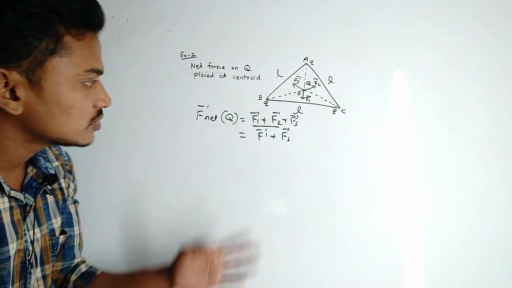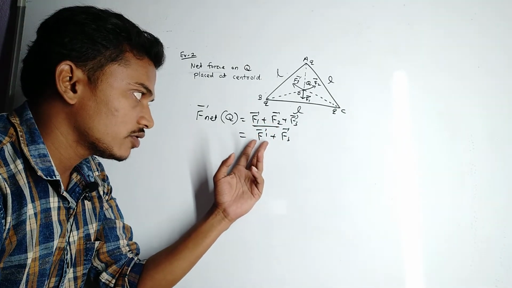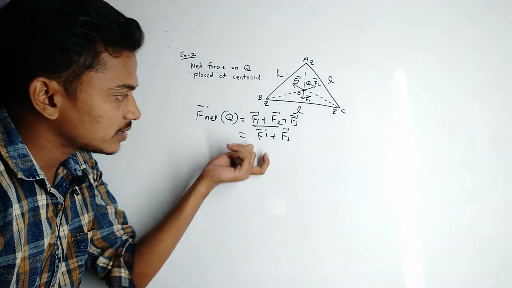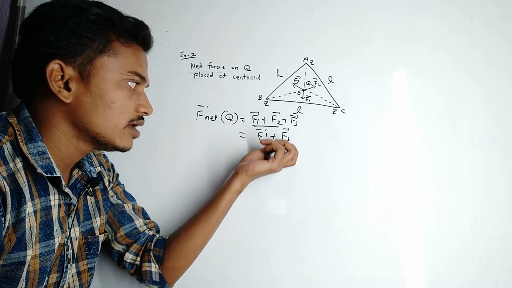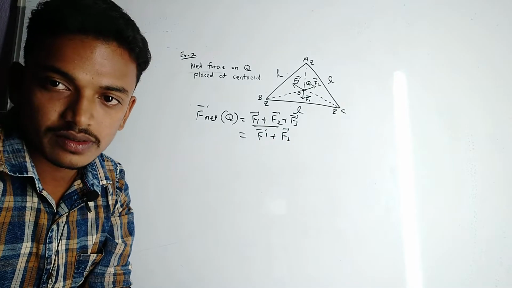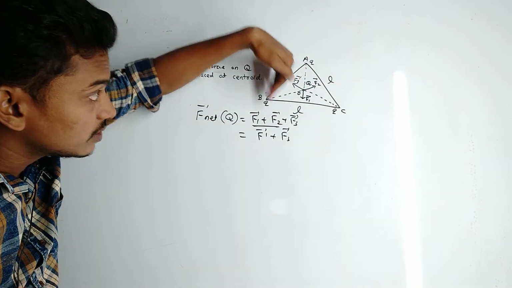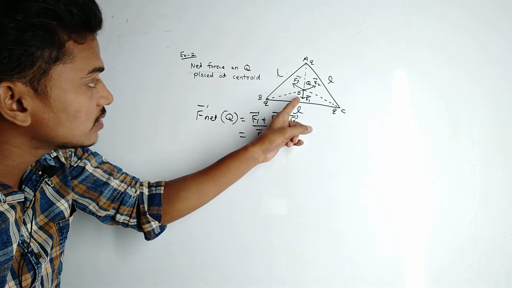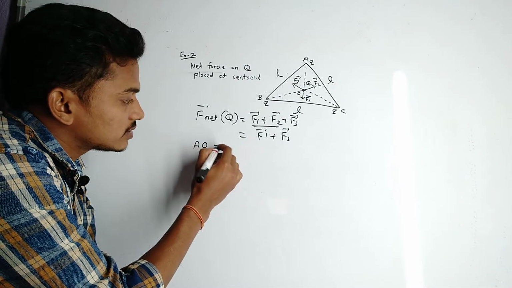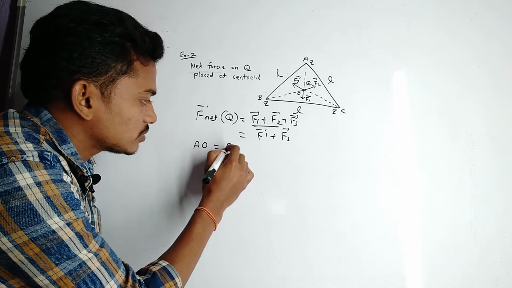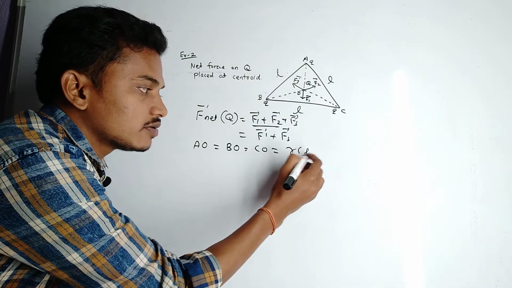So first we add F1 and F2 to find F dash, and after that add F3 to F dash by vector addition. As this is an equilateral triangle and O is the centroid, the distance AO is equal to BO, which is equal to CO, and this is equal to R say.